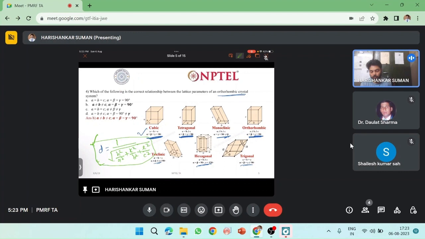Okay, so let's move further. A face centered cubic FCC unit cell is not reduced to a body centered tetragonal BCT unit cell because of: the FCC unit cell is bigger than the BCT unit cell; the FCC unit cell contains more lattice points than the BCT unit cell; the symmetry of the BCT unit cell is higher than the FCC unit cell. What will be the answer?